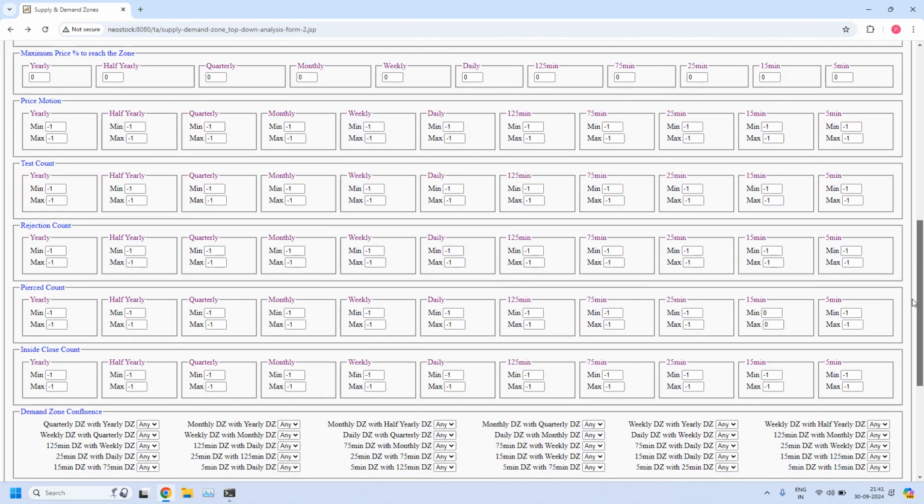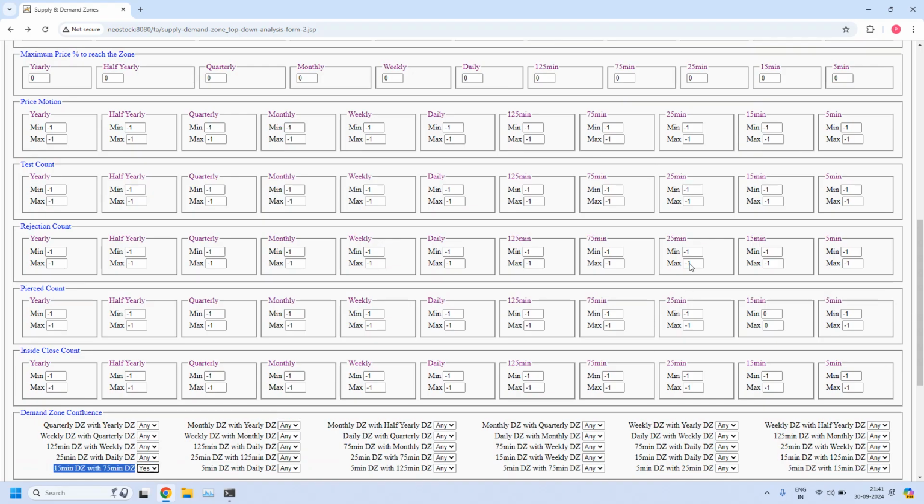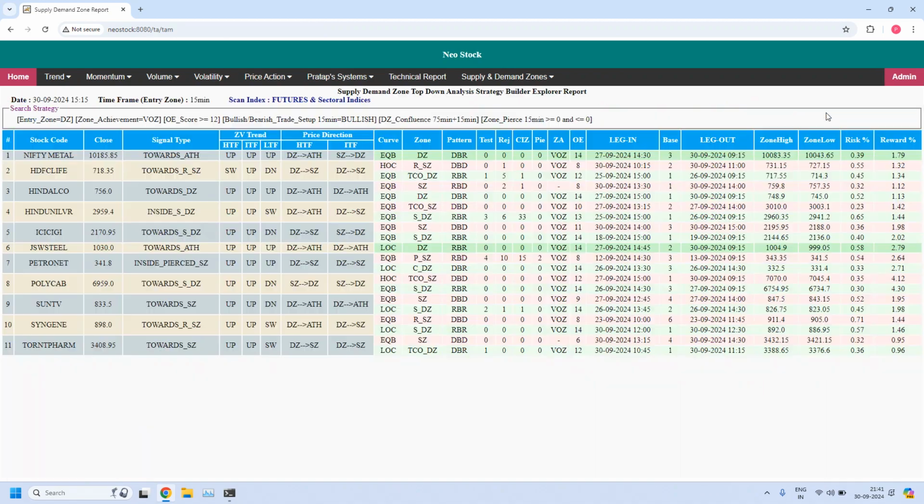So in the demand zone confluence, I am enabling the filter 15 minutes demand zone with 75 minutes demand zone, and let's verify. 11 stocks. All these 11 stocks are having ITF confluence. That means 15 minute zone is part of the 75 minutes demand zone.